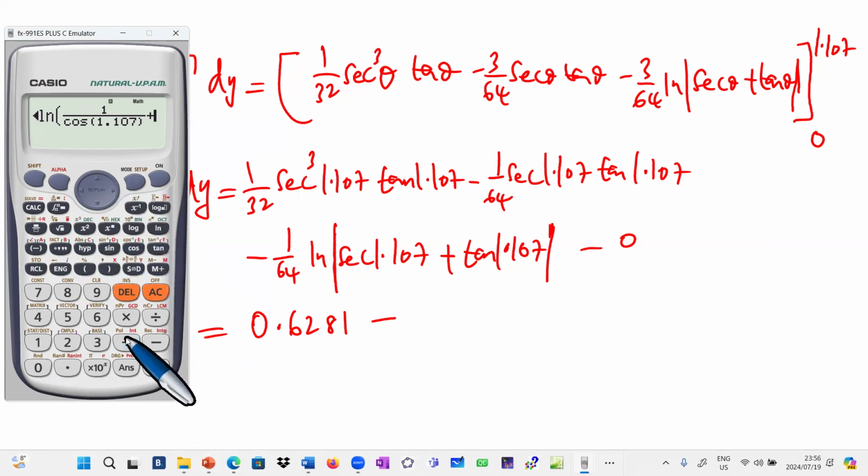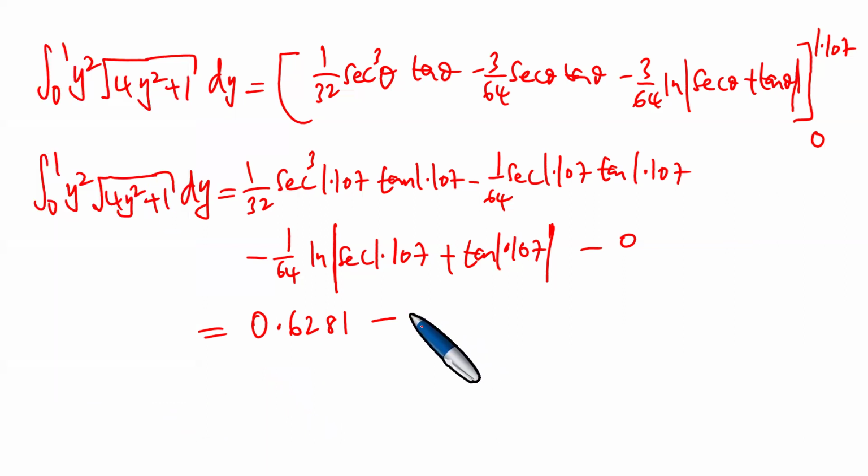So now you have the plus here, which is 1.107. And then you get the answer, which is 0.02255. And then now you're going to just do this particular calculation here.